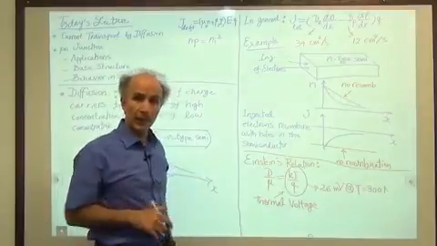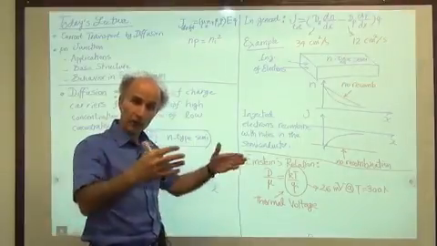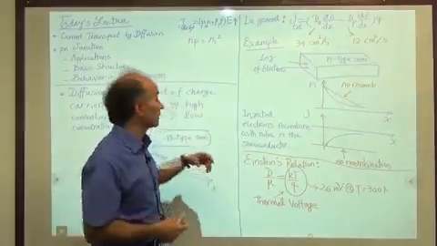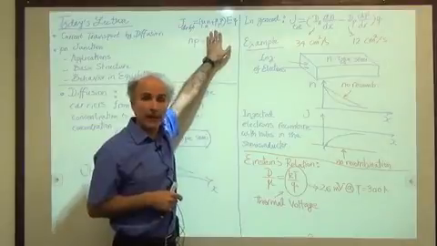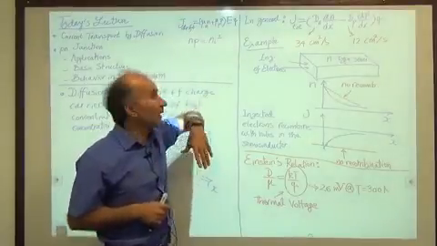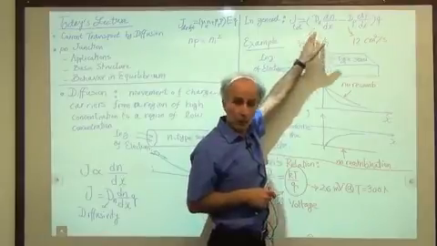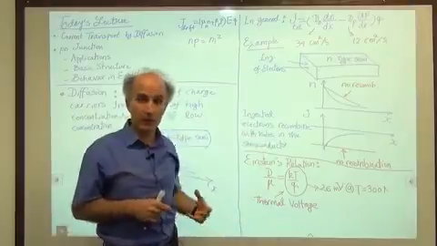In summary, we have seen two effects: drift, when we have a voltage, an electric field, and in response to that electric field, we obtain this type of current. And when we have diffusion, we obtain this type of current. And of course, we could have both of these at the same time in some semiconductor under some conditions.